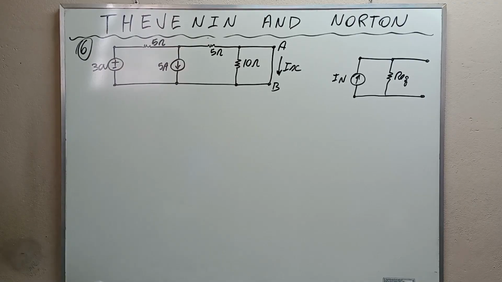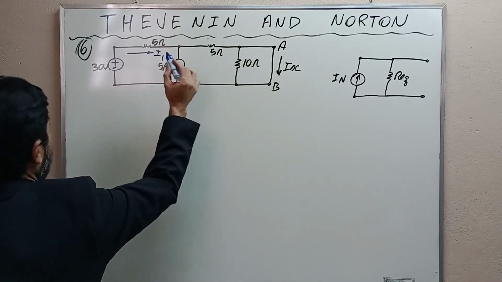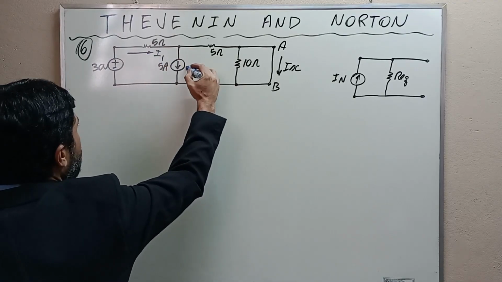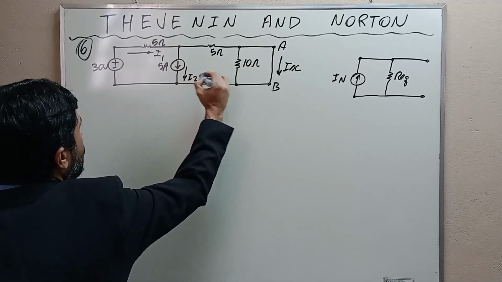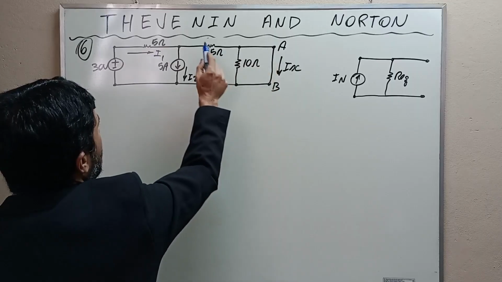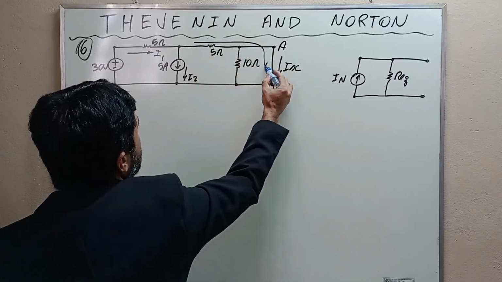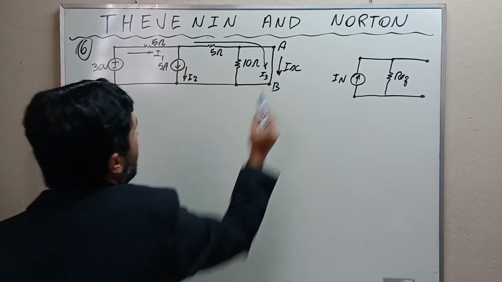I'm going to use some labels here. Again, I'm going to call this I1, this I'm going to call I2, and the current here I'm going to call I3, but observe that I3 goes to the short circuit.